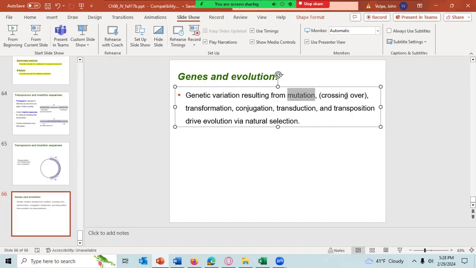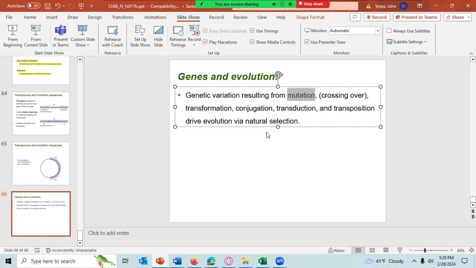That's the purpose of crossing over, just making new combinations of genes. And then transformation, conjugation, and transduction can spread that new variation around in the population. And transposition can help the spread by moving that gene from one location in the genome to another, especially if it moves it from the chromosome to a plasmid. All of this genetic variation then drives evolution, and evolution will proceed by natural selection.